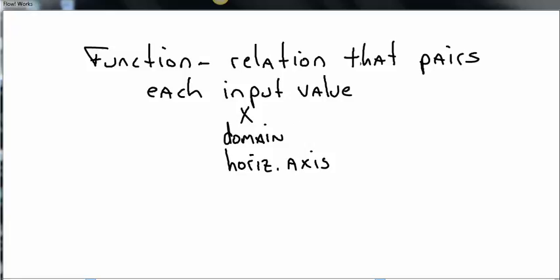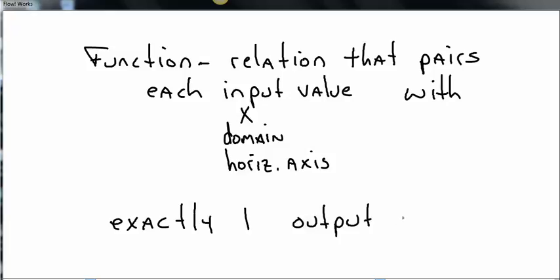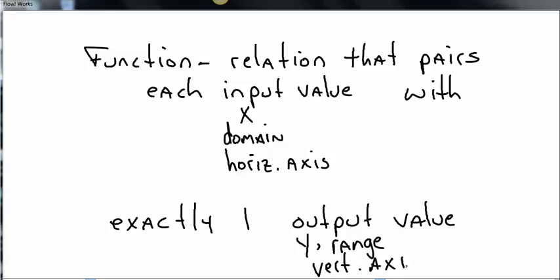So a function is a relation that pairs each input value, each x value, each domain, each value on the horizontal axis, with exactly one output value, y value, range value, on the vertical axis.